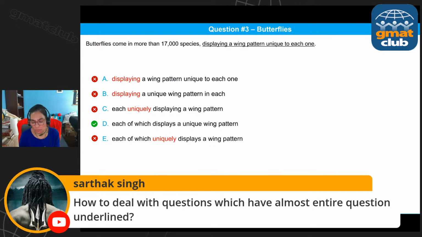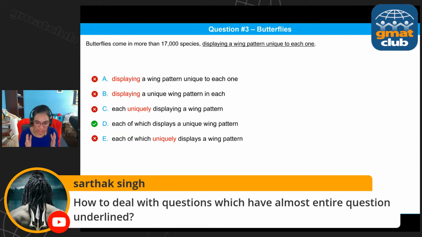And would you like to spend that kind of time to first decide which approach to use? No. At e-GMAT, that's why we say we just have one approach that works on every kind of SC problem. No matter if it is fully underlined, just one word underlined, 50%, whatever the percentage of the underlined portion, the approach works.